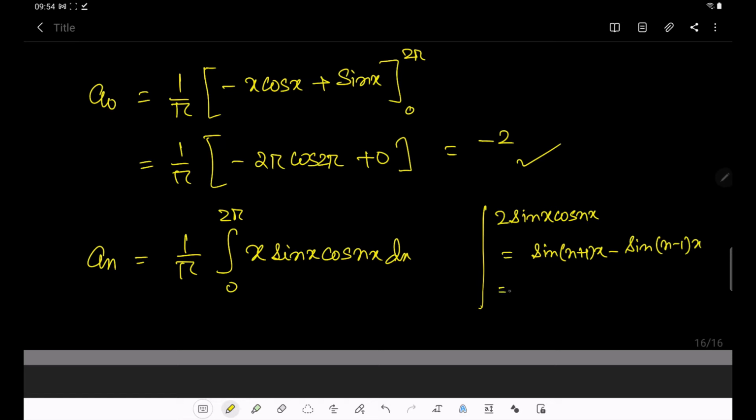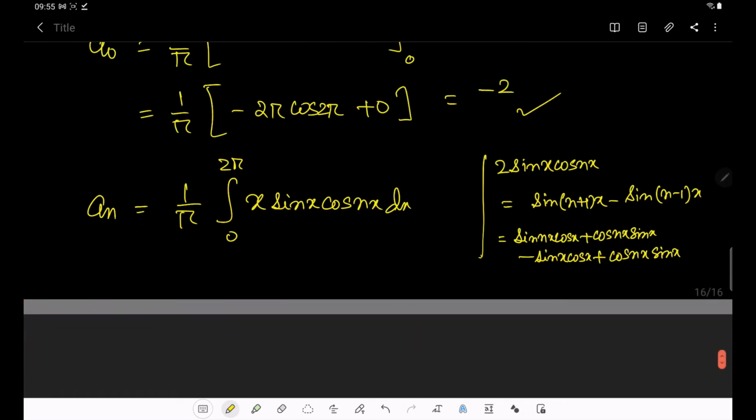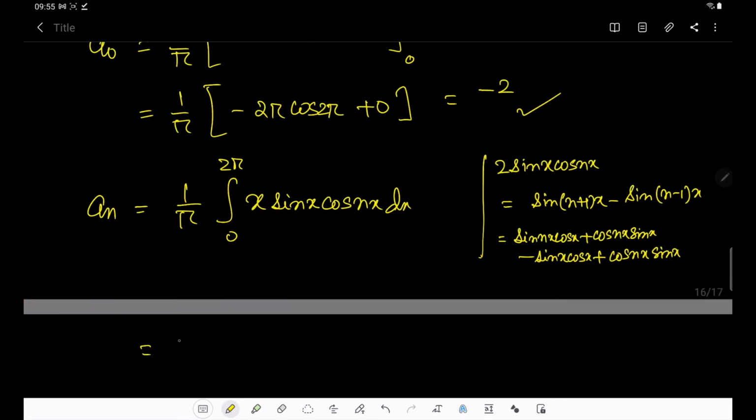Let me check. It is equal to sin nx cos x plus cos nx sin x, minus sin nx cos x plus cos nx sin x, and that would ultimately be plus cos nx sin x. Yeah, fine.